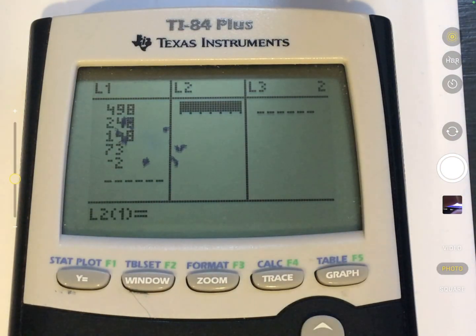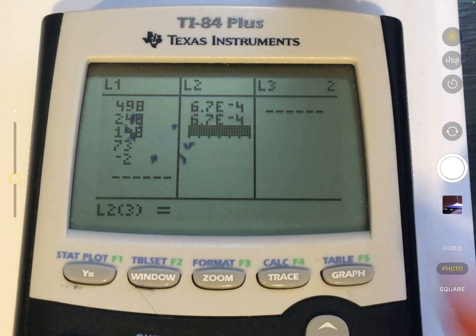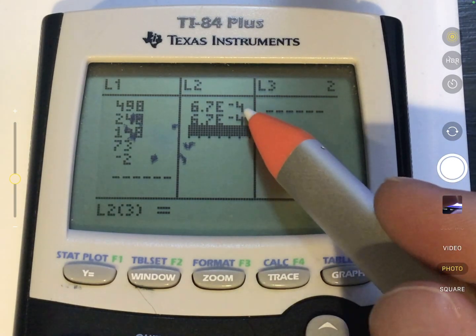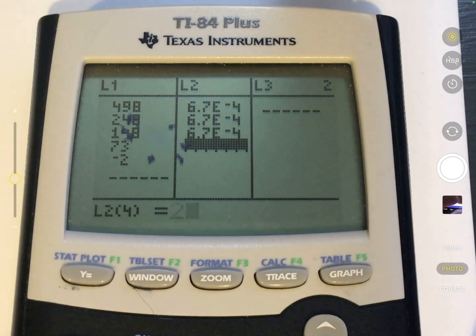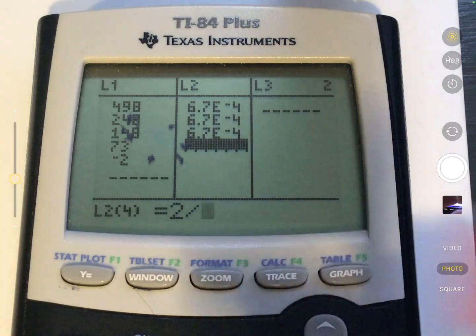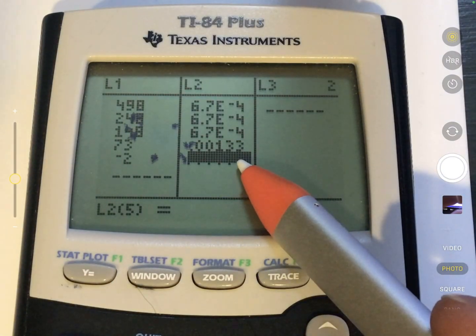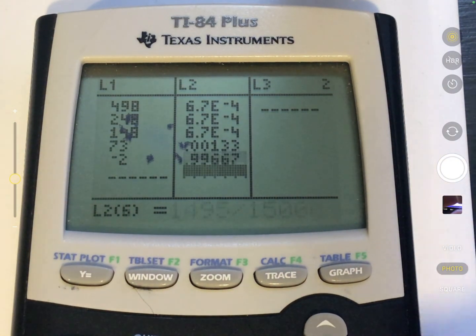So on the right hand side, there was 1 out of 1,500, 1 out of 1,500. Keep in mind that these are written in scientific notation because of the E. This was also 1 out of 1,500. The $73, there's 2 of them, 2 out of 1,500. And then finally, you have the -2, which is 1,495 out of 1,500.